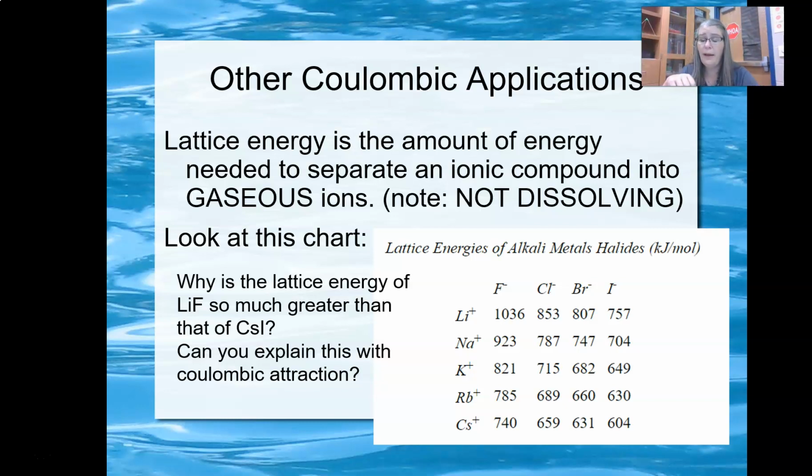If I try to pack ping pong balls into a box, those ping pong balls can nestle really closely to each other, and I can put lots of ping pong balls in the box. So small ions like lithium and fluorine can get really close to each other and have really strong attractions. A large bunch of atoms like cesium and iodine, it's like I'm trying to fit softballs into the box. They can't get as close together, and as the distance goes up, the Coulombic attraction goes down. So it's even still the same kind of argument here.